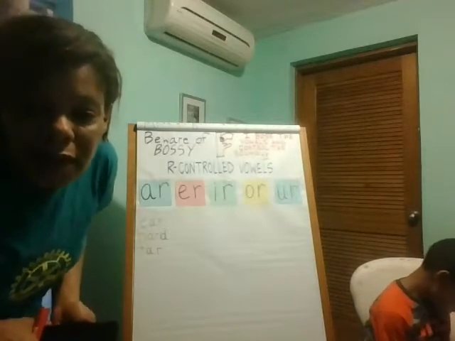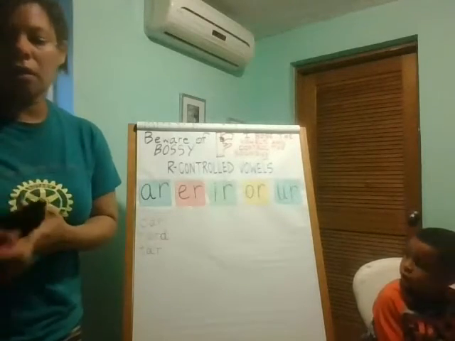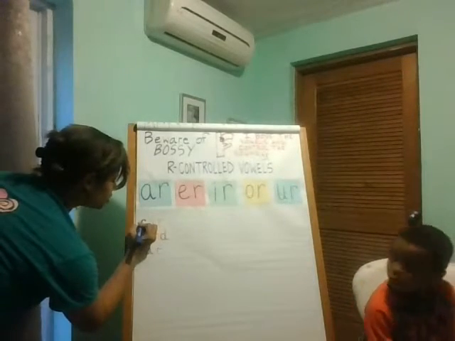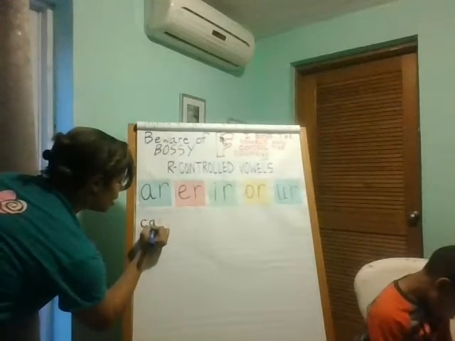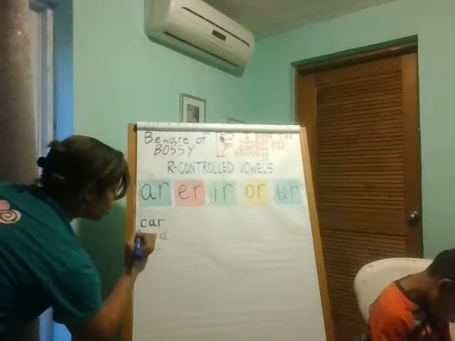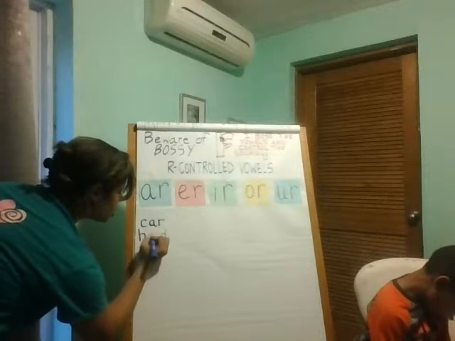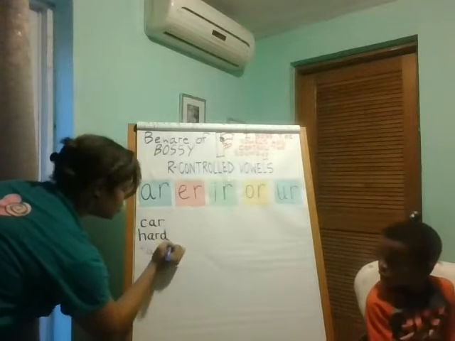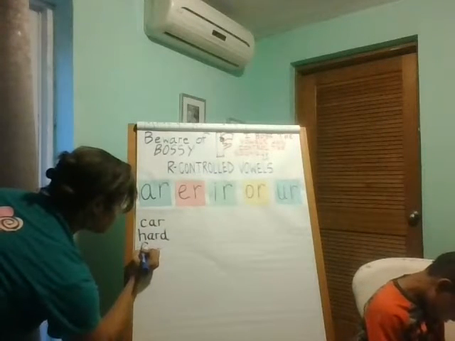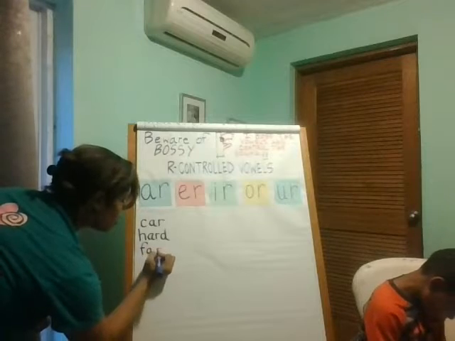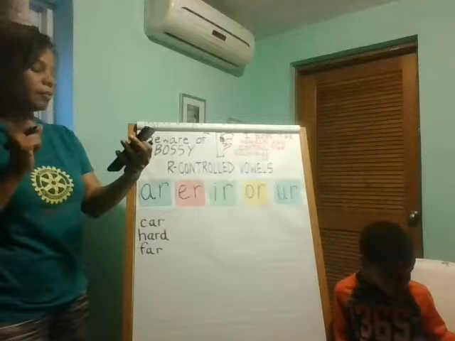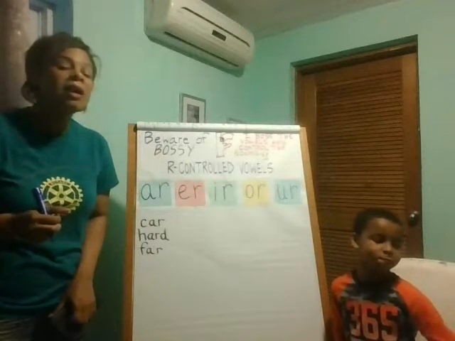Wait. Is this dark enough? Let me use a different color, just to make sure that it's dark enough. So C-A-R, H-A-R-D, F-A-R. Next word after far, we have the word star.